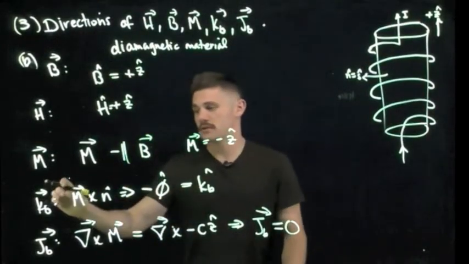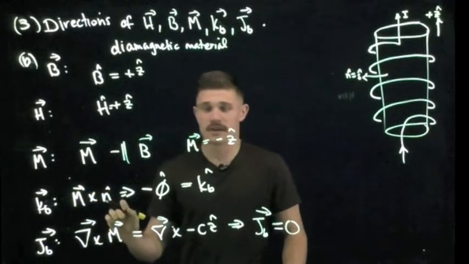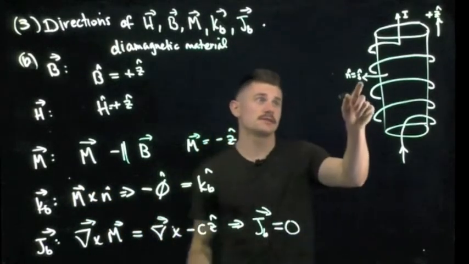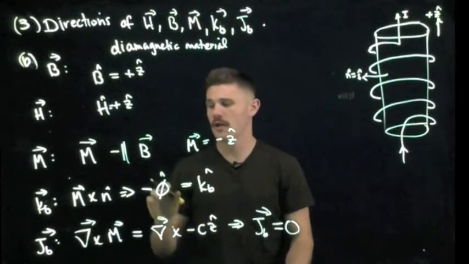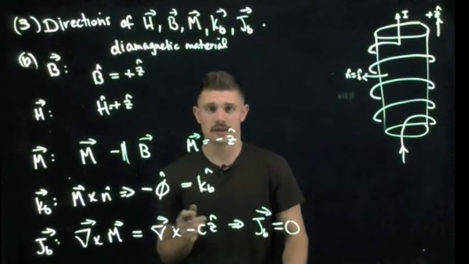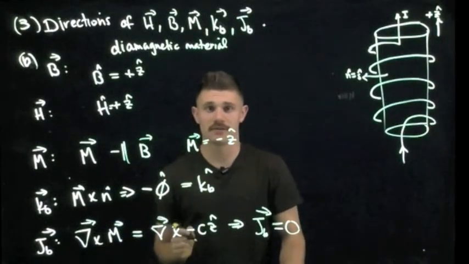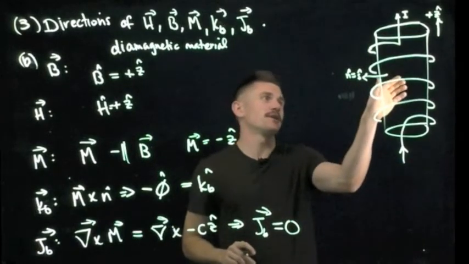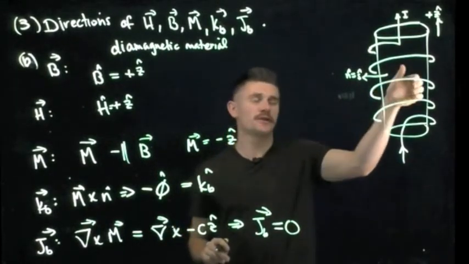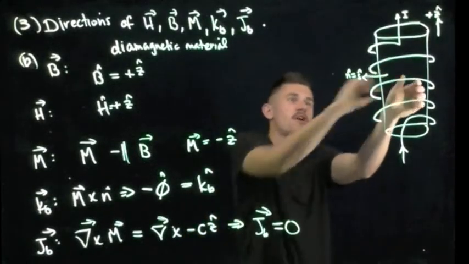The bound surface current density is just M cross n-hat, where n-hat in this case is the s-hat vector moving radially away from the center of the solenoid. In this case, this cross product again gives us phi-hat, but we have that negative sign in there from the z-hat, so we have negative phi-hat direction, which means that we have our free current flowing this way, and our bound surface current will be flowing the opposite direction.